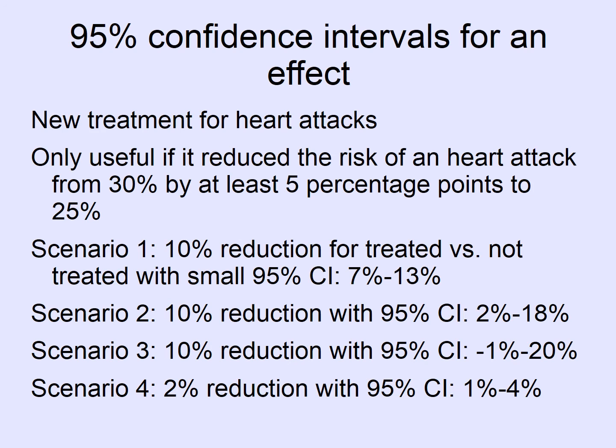That confidence interval overlaps 0. So I can't rule out the null as a possible thing, no effect of this treatment, even with that point estimate at 10%. In the last scenario, of course, I have evidence in the exact opposite direction, that this probably is not effective. Why? My point estimate is lower than 5%, at 2%, and my confidence interval is narrow, and it doesn't overlap 5%.